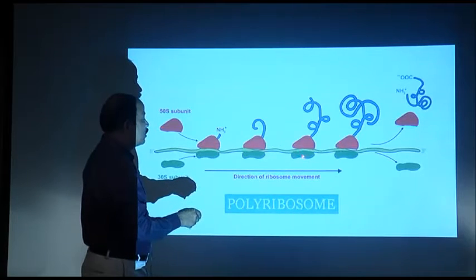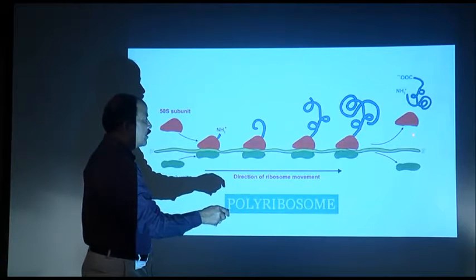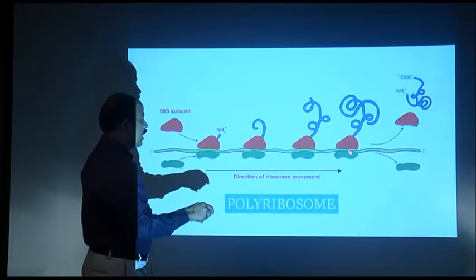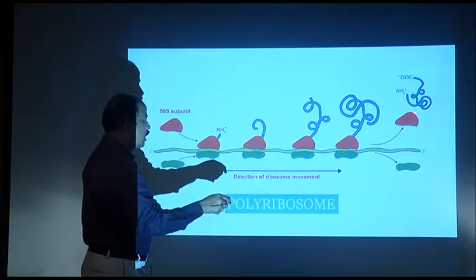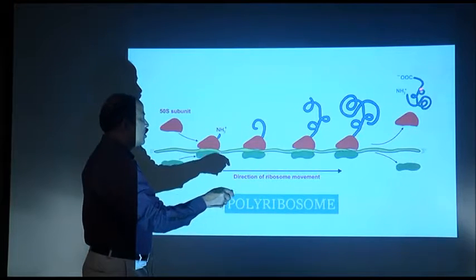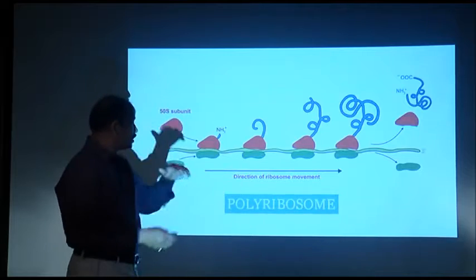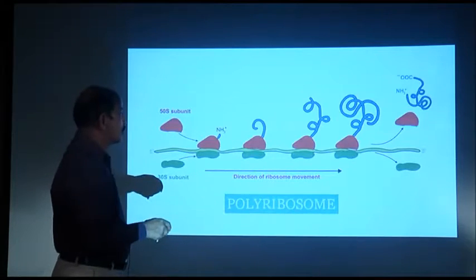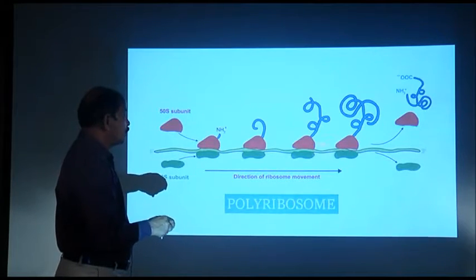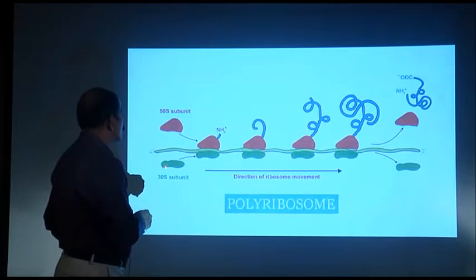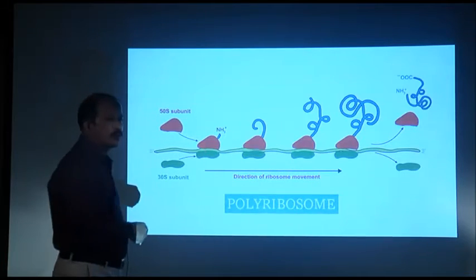Similarly, this is the first one. Some time back it was attached at this point, and gradually it has moved and finished protein synthesis. The protein is released, and the ribosome is no more attached to the messenger RNA. This is the second one, the third, fourth, fifth, and these have just sat on it and started synthesizing protein.